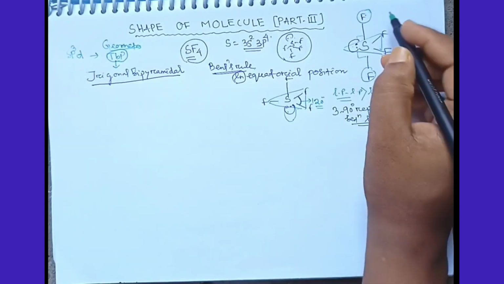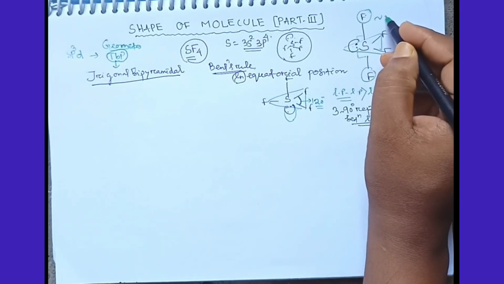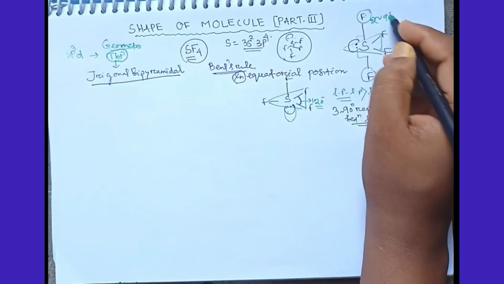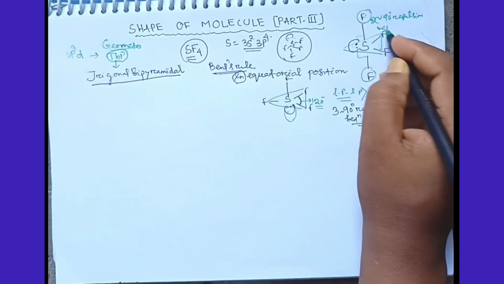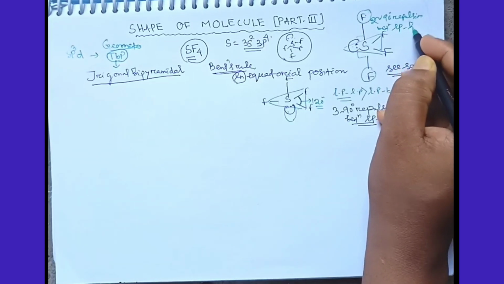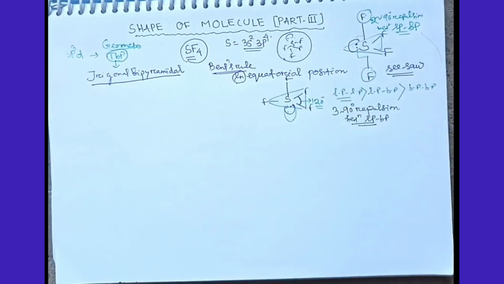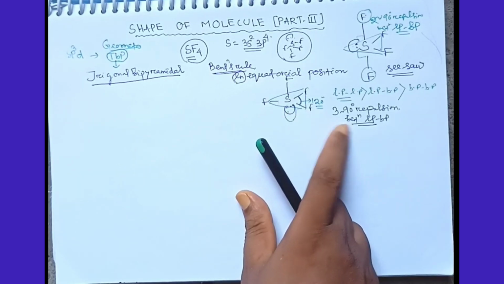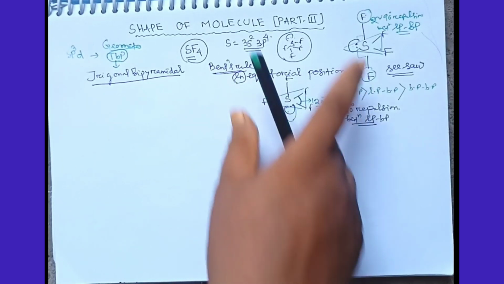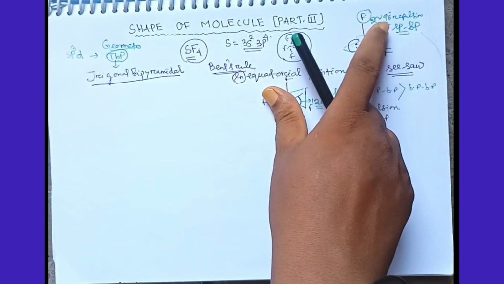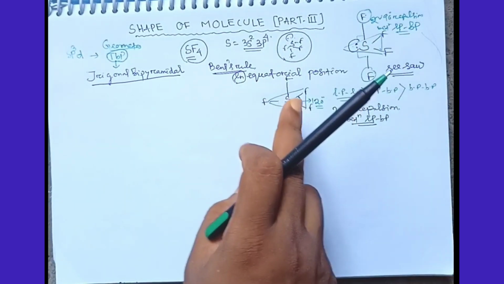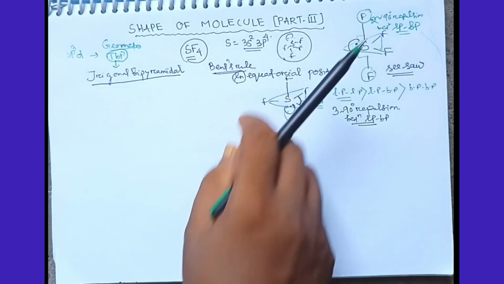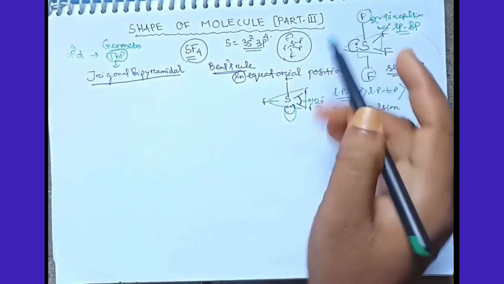So here we are getting two 90 degree repulsions between lone pair and bond pair. So obviously here we are facing three 90 degree repulsions between lone pair and bond pair, and here we are facing two. So here repulsion is more, so it is less stable; here repulsion is less, so this is more stable.